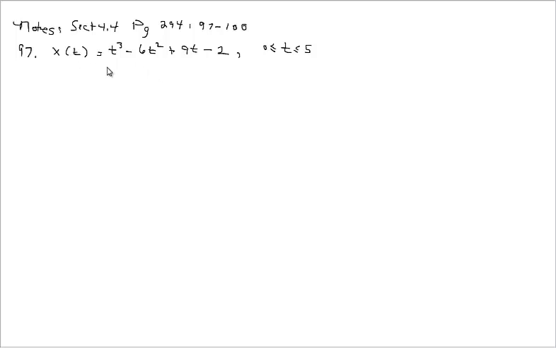Okay, so we're told in this problem that we're given a position function for a particle that's traveling along the x-axis. So this particle is just going left and right, back and forth, and that's the motion. It also tells us in the information above the problem that this is the position for the particle and that x prime of t is its velocity.